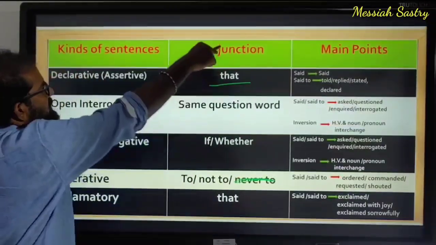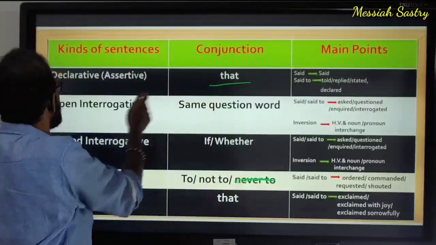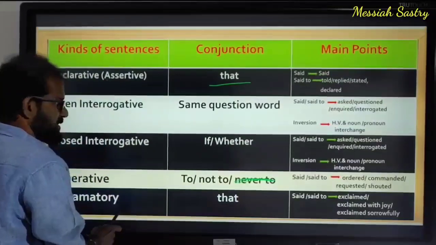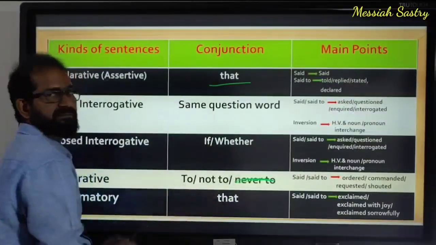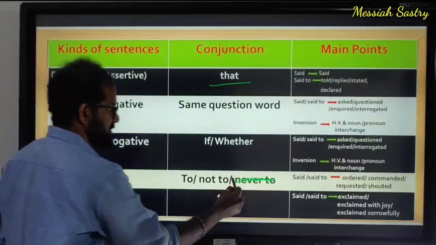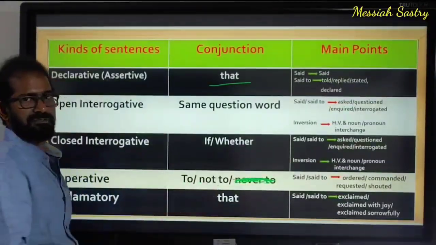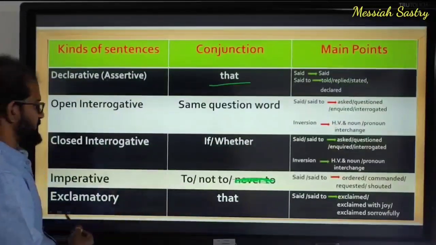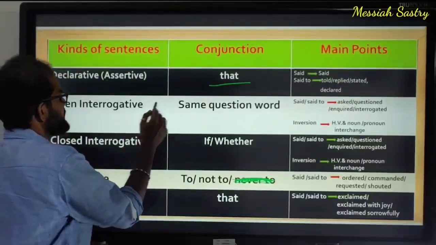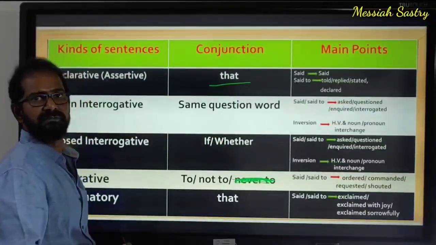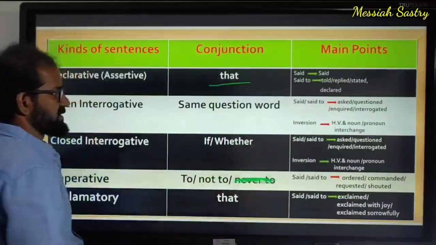So let us be careful with the conjunctions. Declarative and exclamatory both take the same conjunction, that. For imperative, to or not to. Closed interrogative, if or whether. Open interrogative, the same question word. So this is a summary of the 5 kinds of sentences.